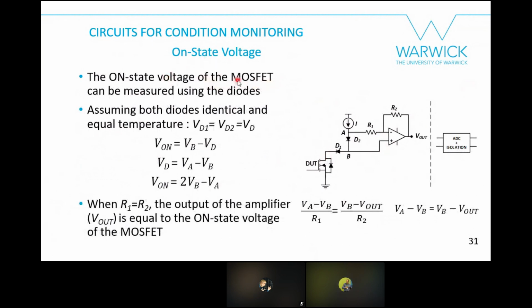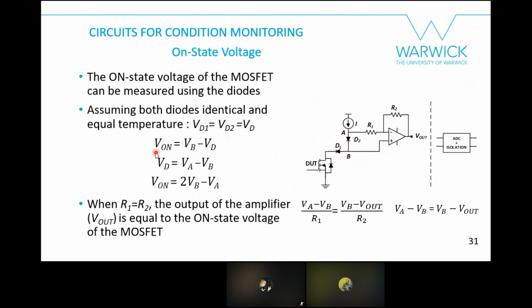So during the on-state phase of the MOSFET, the voltage can be measured using the diode. So I'm going to explain why. First, let's assume that both diodes are identical and they have the same temperature. So the voltage drop across the diodes can be called VD.